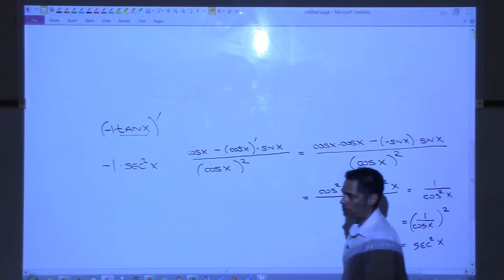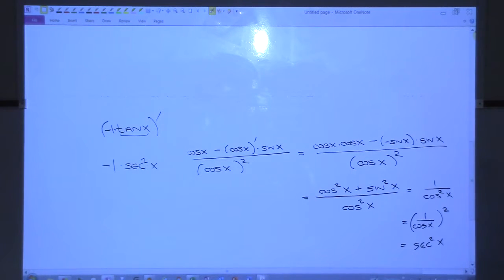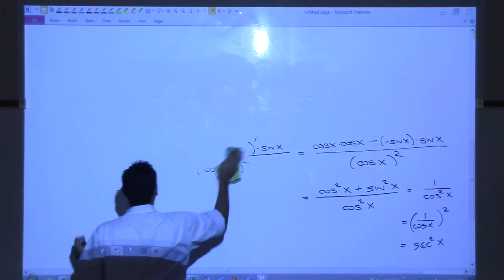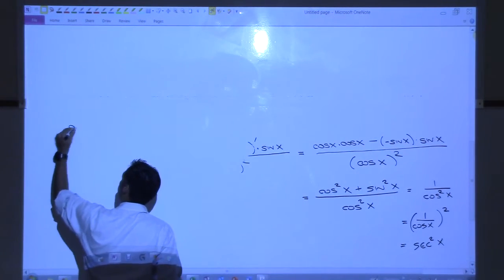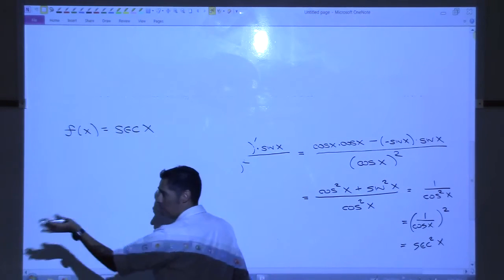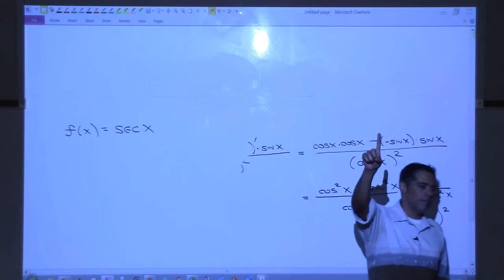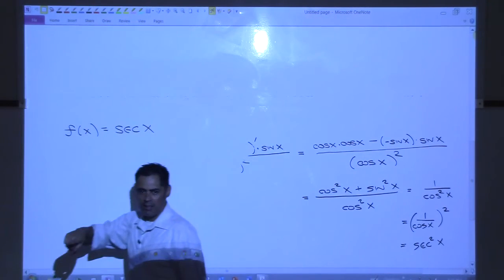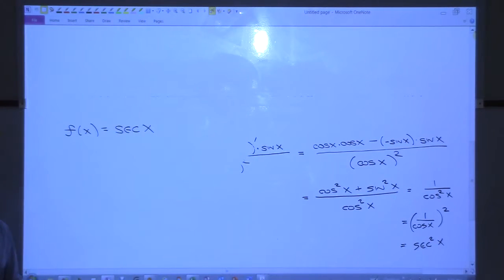Okay, so then what would the derivative of secant x be? Right, that's what you're asking? Because we know the derivative of sine, cosine, and tangent. We don't know secant, cosecant, or cotangent.